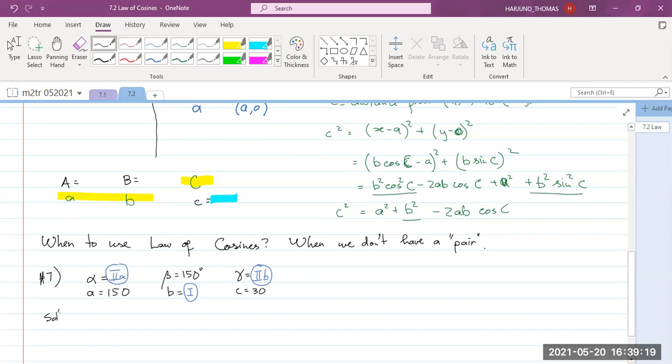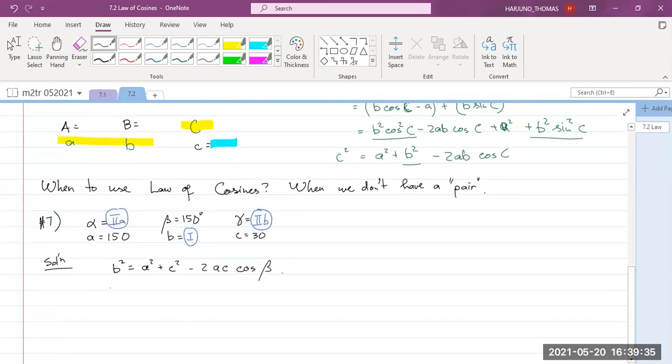Solution: B squared equals A squared plus C squared minus 2AC cosine beta. So B squared equals 150 squared plus 30 squared minus 2 times 150 times 30 times cosine 150 degrees.